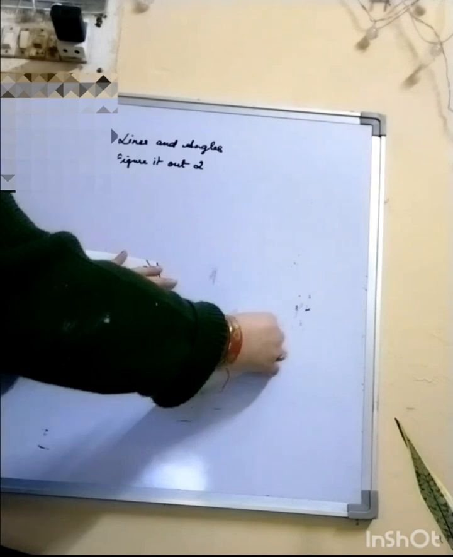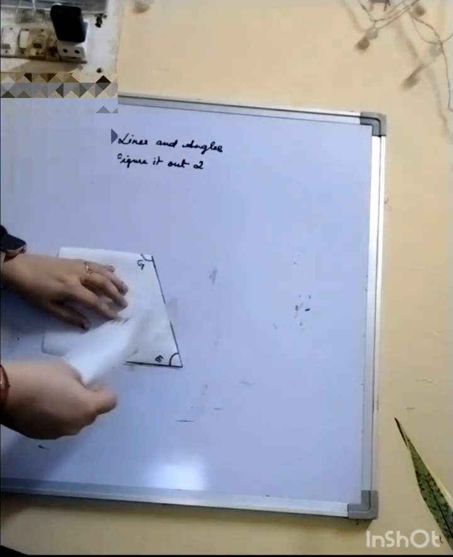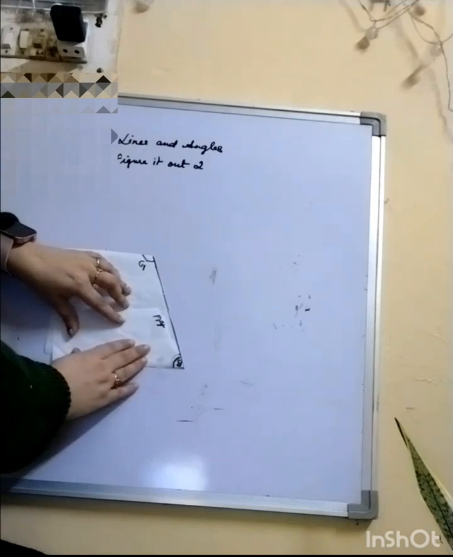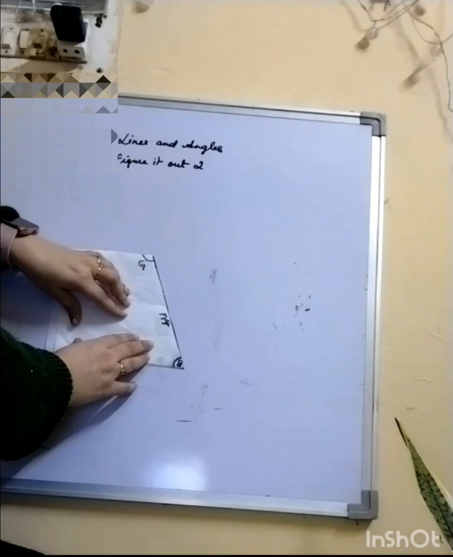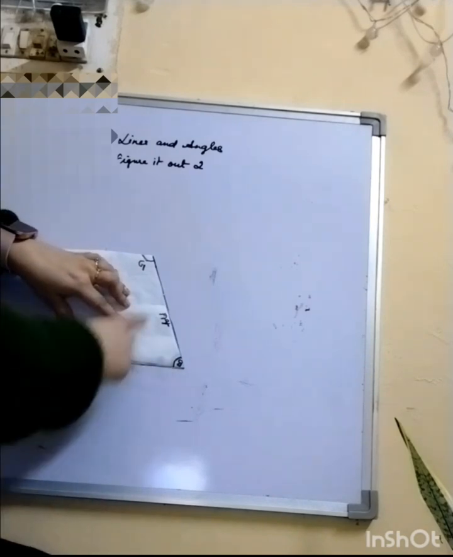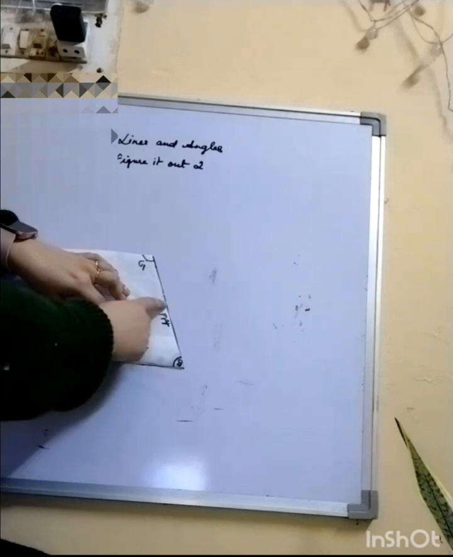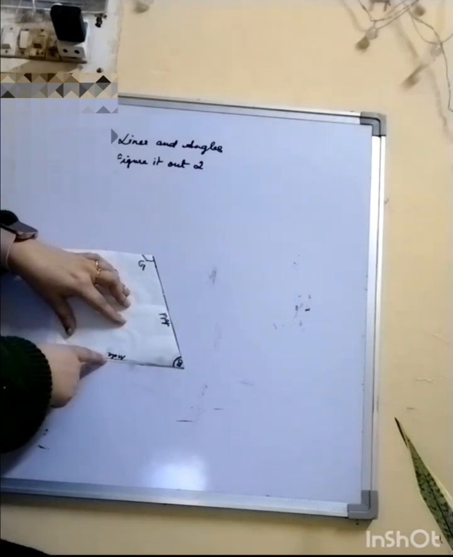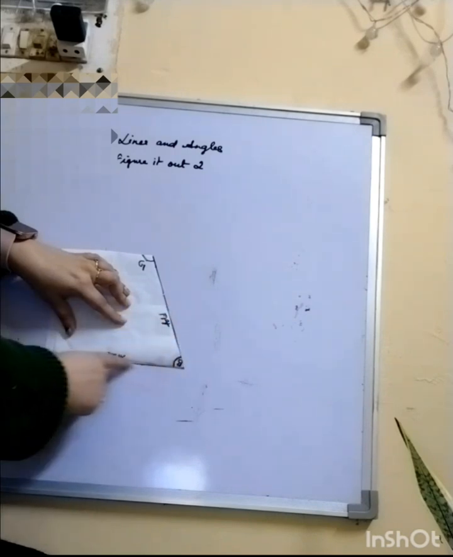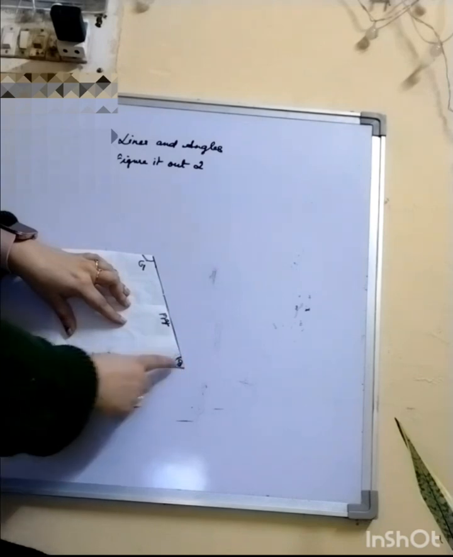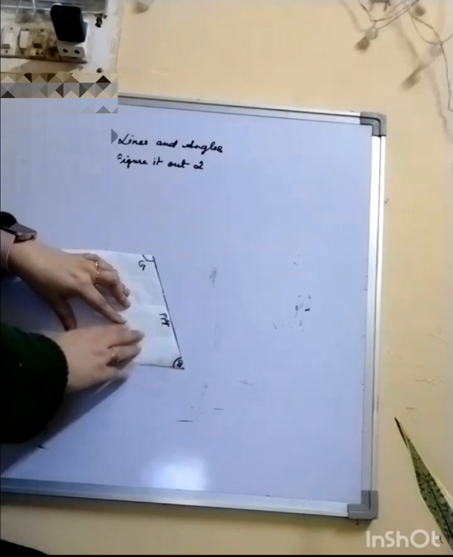Now, while superimposing angle B over angle E, I get that angle B is equal to angle E. They are totally overlapping each other. So they are equal. The arms of the angles are overlapping each other and the angles are also overlapping.